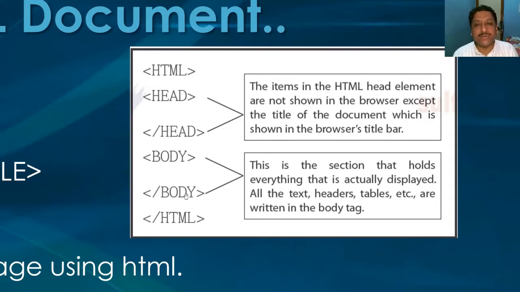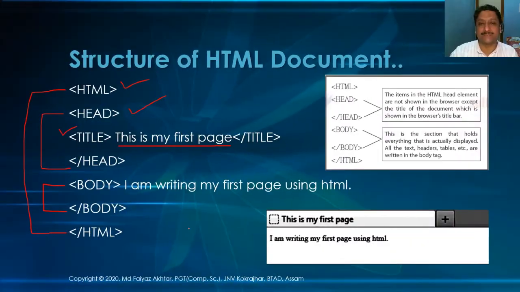Now within the body tag, this is the section that holds everything that is actually displayed: all the text, headers, tables, etc. are written in the body tag. All the documents which we want to show on the page we have to write within this body tag, and then close the HTML tag. When we write the program in Notepad, the browser will show it like this.